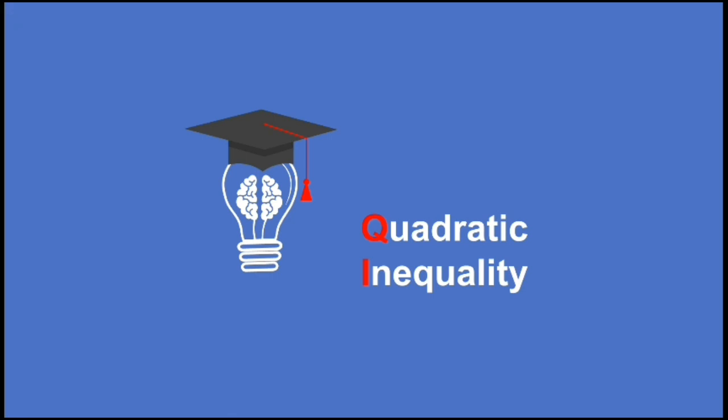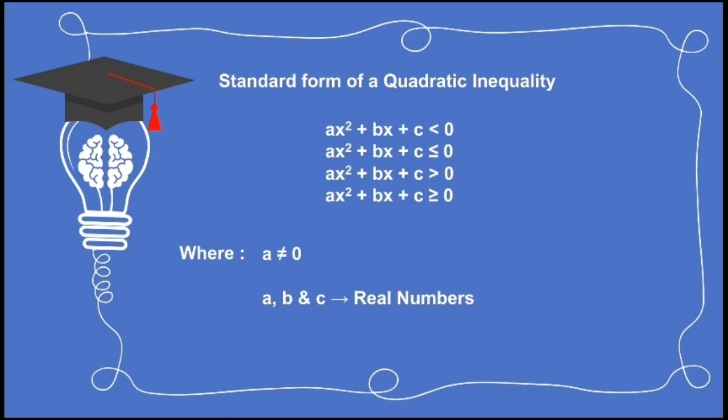Quadratic inequalities can be solved by either the factorization method or by use of the quadratic formula. The general forms of the quadratic inequalities are like this. The condition is the same as the quadratic equations, where a cannot be 0, and a, b, and c are real numbers.